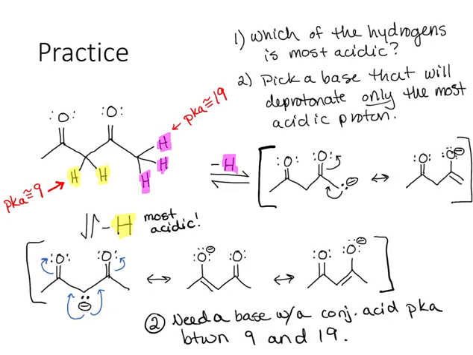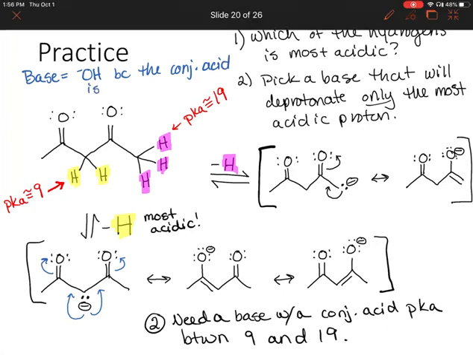So the base here will be OH minus, because the conjugate acid's pKa is between 9 and 19. What that means is that the hydroxide ion will only deprotonate a yellow hydrogen.